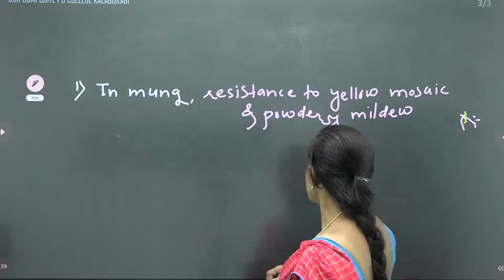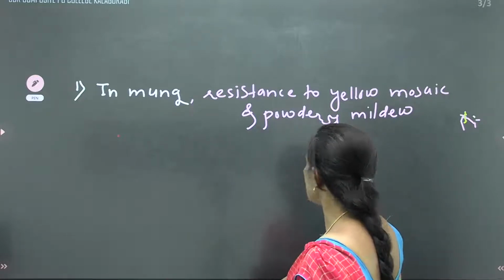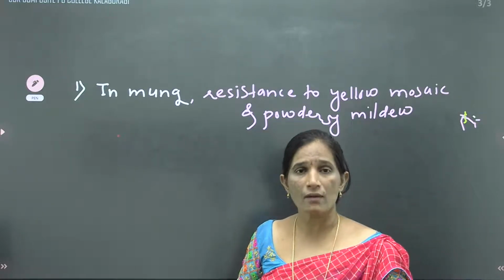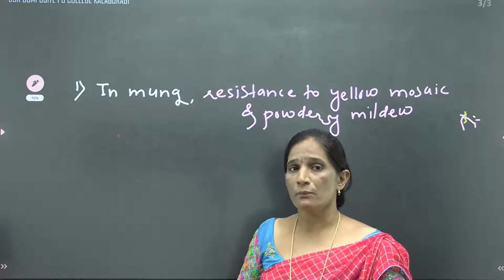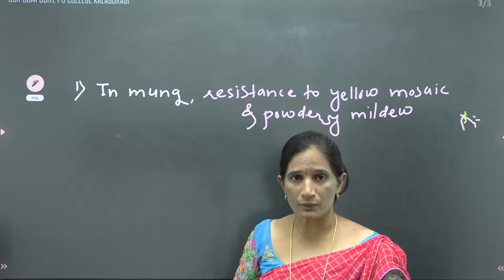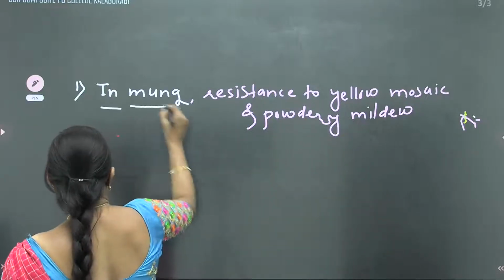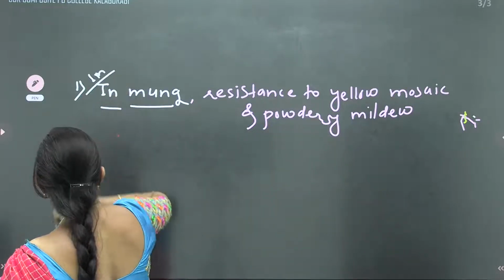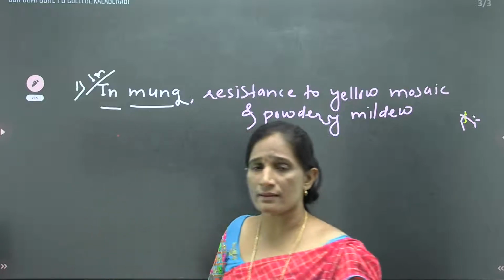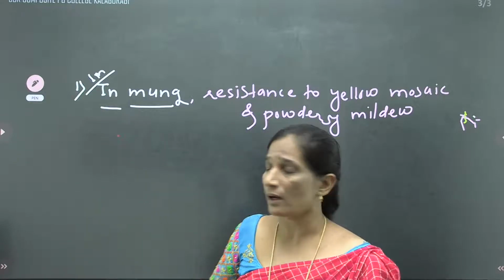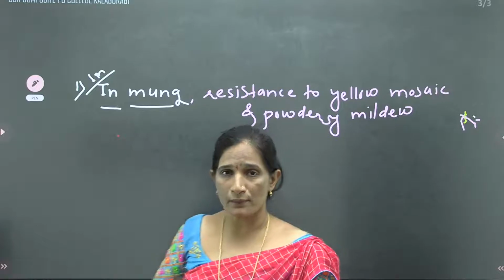Moong bean is resistant to yellow mosaic and powdery mildew. This is one of the examples for mutation breeding. Understood? Remember, it is very important for 1 mark. Mung bean is resistant to yellow mosaic and powdery mildew.